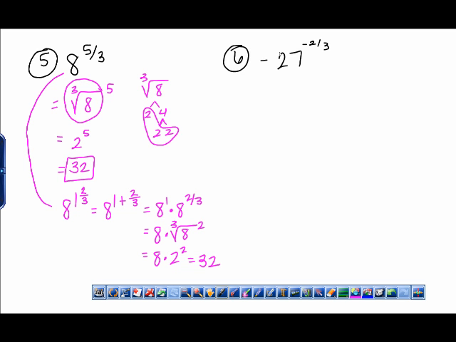So this negative is not securely attached to the 27. It's like a negative 1 times 27 to the negative 2/3. Remember PEMDAS. You are going to do the exponent before you multiply by negative 1. Okay? So really this is like this.